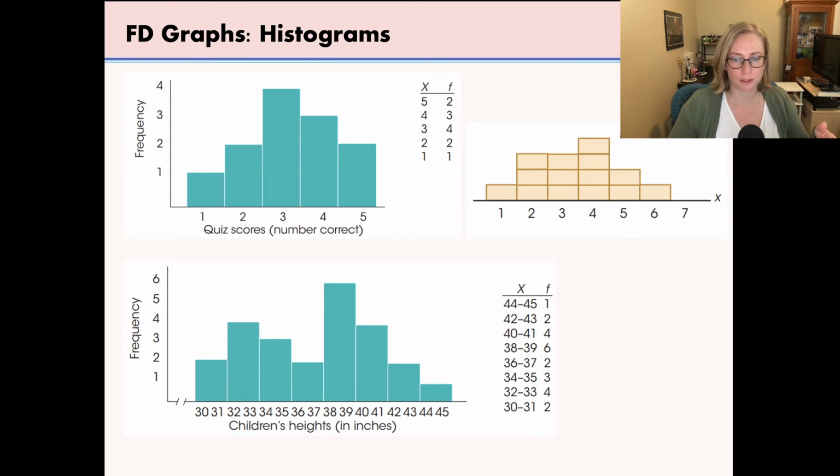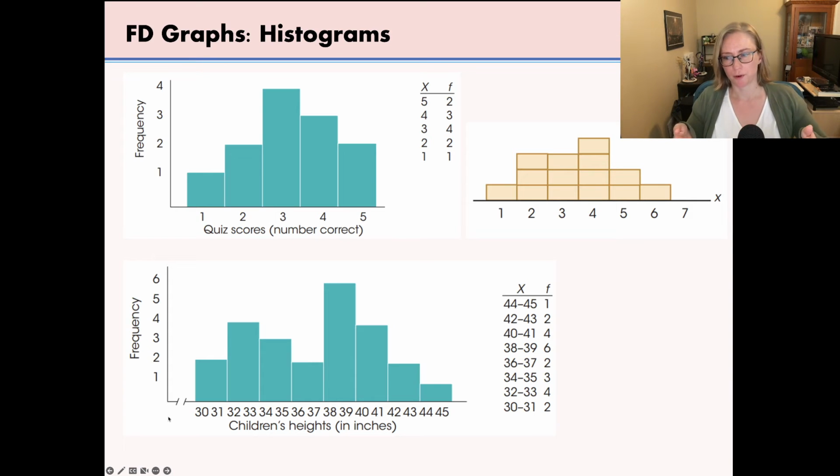In addition to the real limits, they made a category of a 2-inch class interval. So you can see how that breaks down. This is obviously different ages of children. One thing you can see here, which sometimes happens, is that the x-axis down here is broken off.